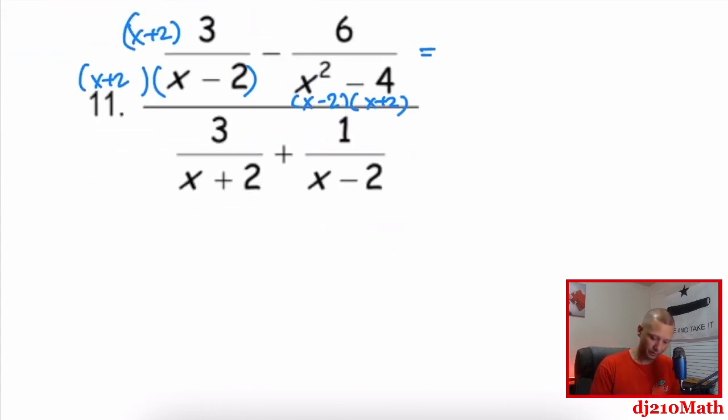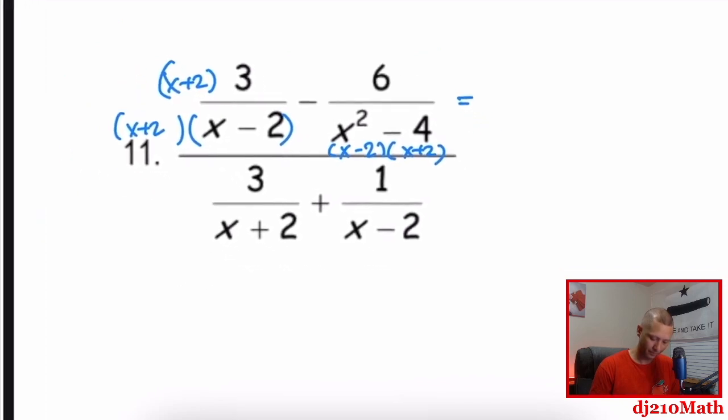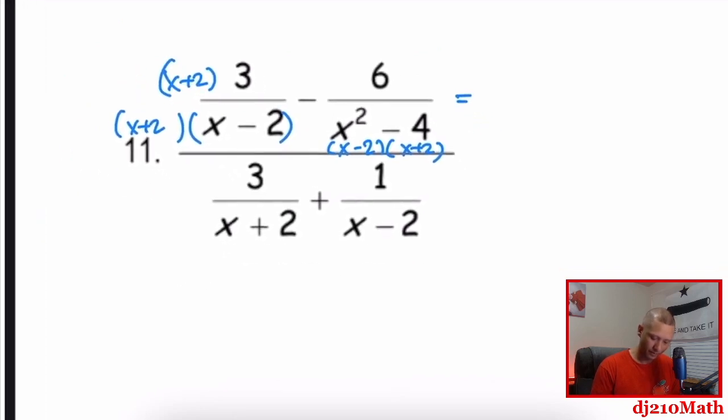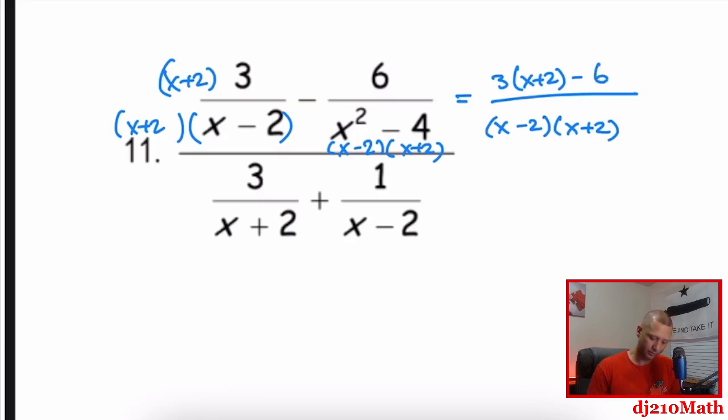So this is going to be x minus 2, x plus 2. Combining the top, we're going to get 3 times x plus 2 minus 6. My rookie mistake would be to try to combine the 3 and the 6. You cannot, because there's multiplication that's happening. Can't do it. All right, and this is all over.